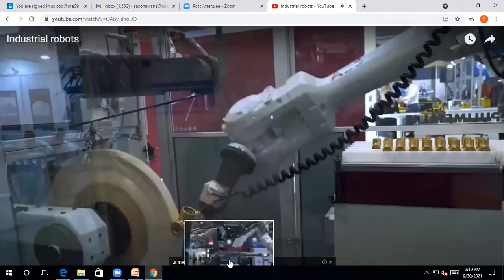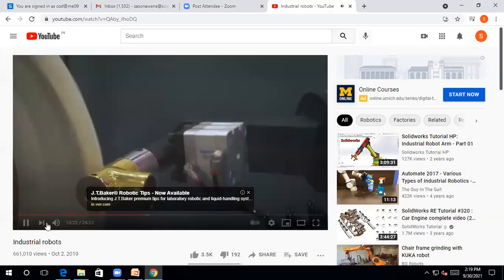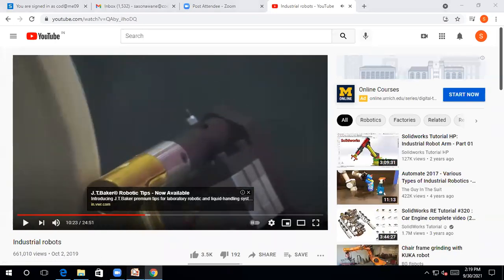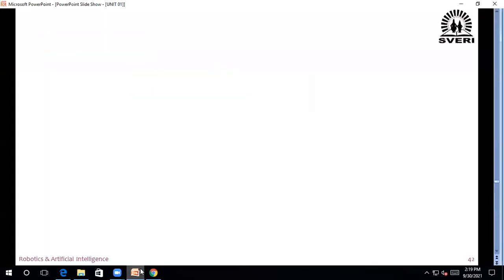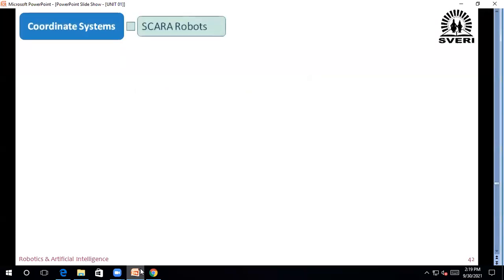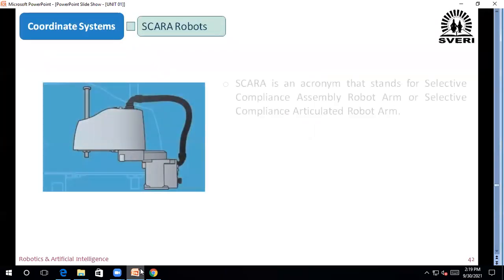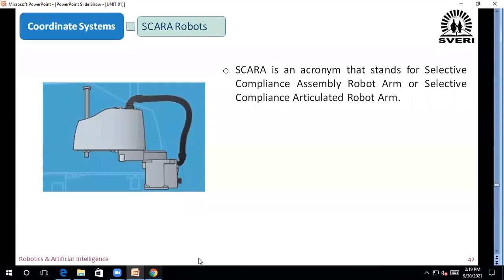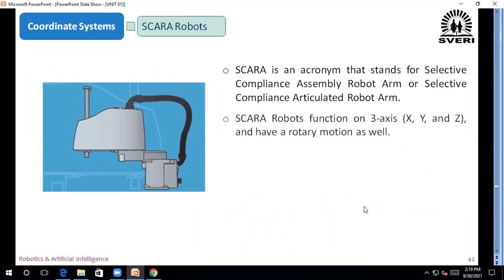Okay, now I will take next robot. SCARA robot. SCARA is an acronym that stands for Selective Compliance Assembly Robot Arm or Selective Compliance Articulated Robot Arm.